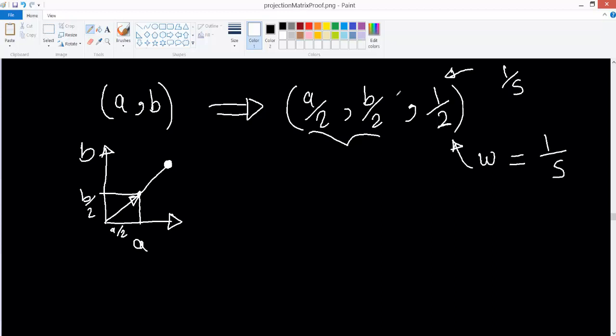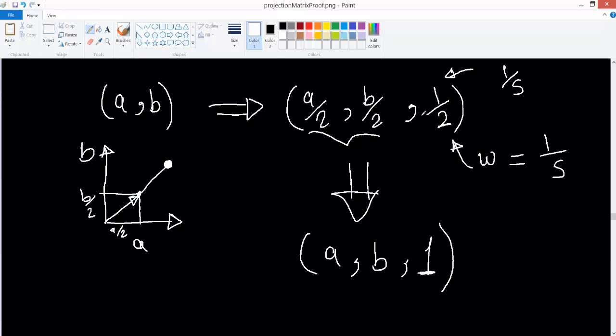So to transform from this point to this real point, we actually perform division of these two parameters by this third parameter. So we can see that A over 2 divided by half is A, and B over 2 divided by half is B, and half divided by half is 1.